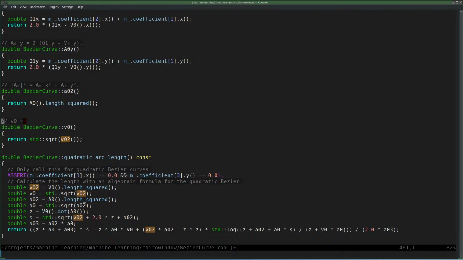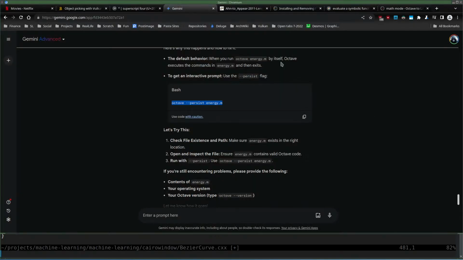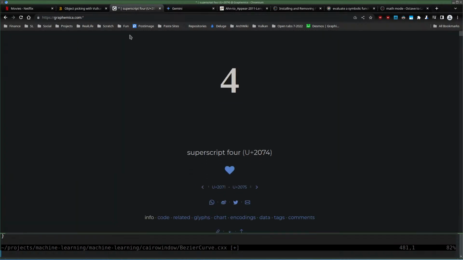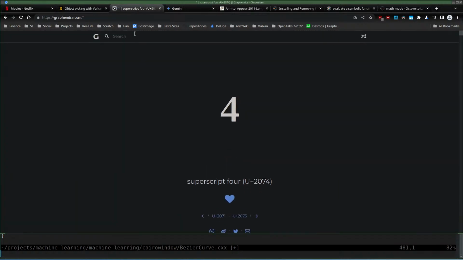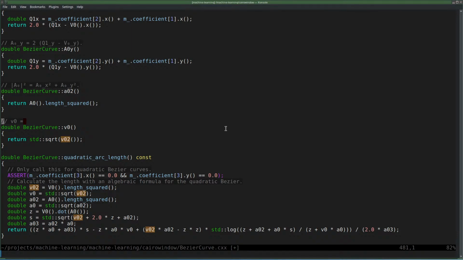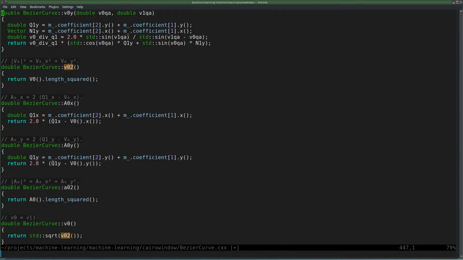V0 is what? The square root, yeah, I was going to look for the square root here. Sign, square root, sign, subscript. Square root, that worked last time. The square root of V02, which was this.